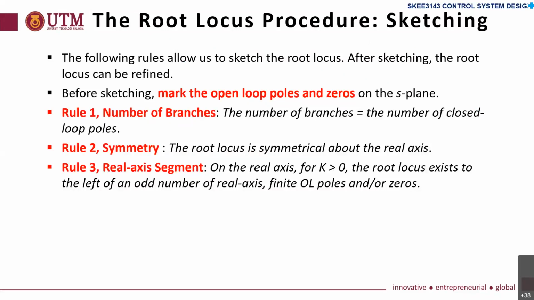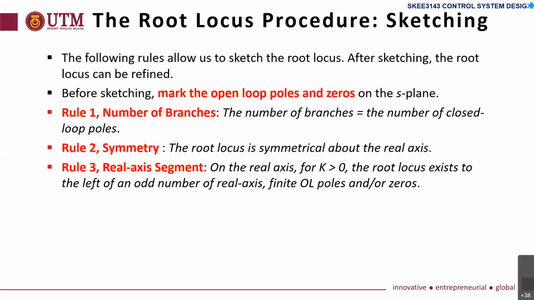Now we are going to look into the root locus procedure in order for us to sketch a root locus. As I mentioned earlier, we will not be able to draw the exact root locus, but here in the course, we would like to introduce the student how to sketch a root locus.